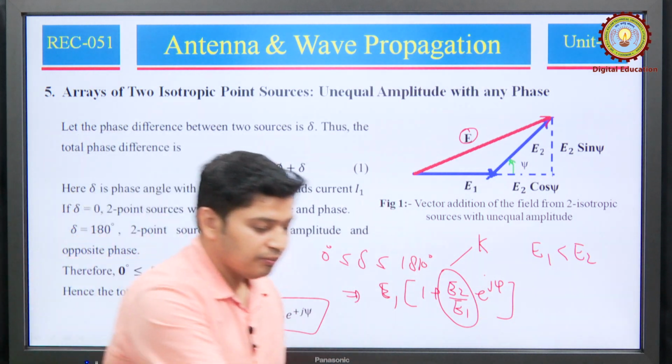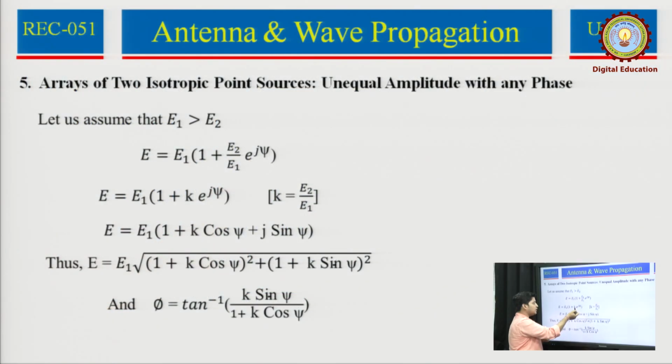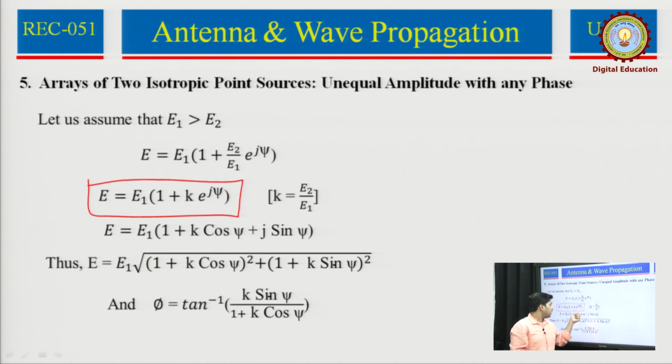Moving on, the same scenario as we discussed. My total net electric field is nothing but E1 into 1 plus k into e^(j psi). This k factor is nothing but E2 divided by E1, a ratio of amplitudes. Now, we have to discuss the total resultant field and the value of phi.